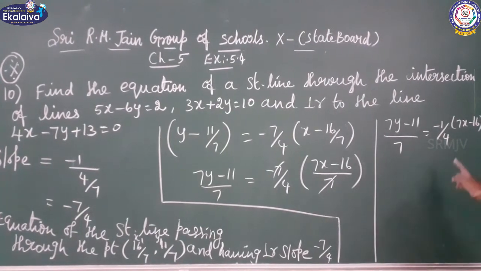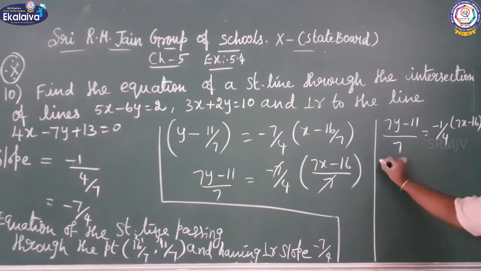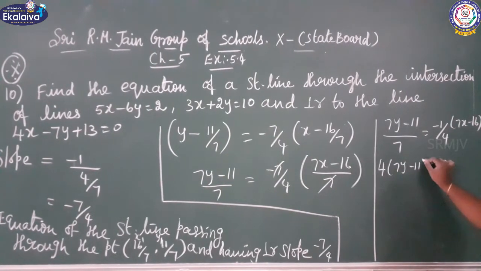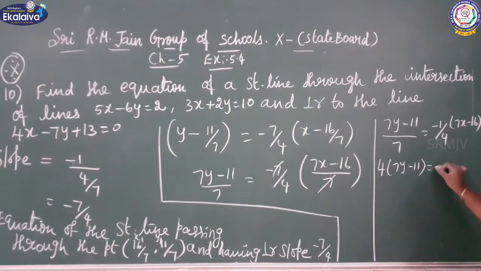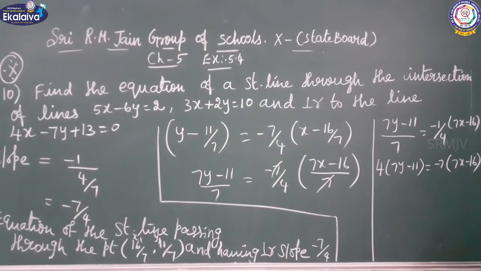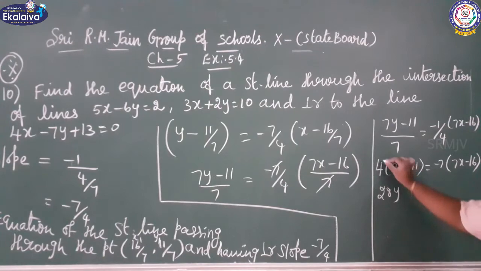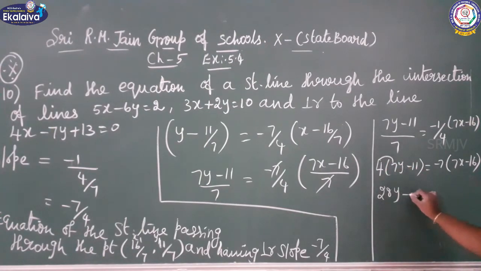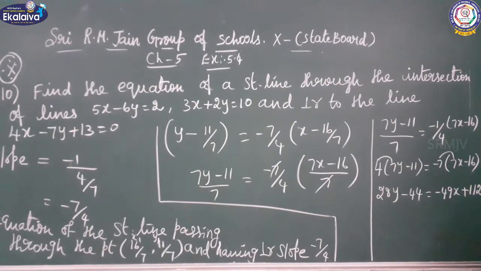Cross multiplication: 4 into 7y minus 11 equal to minus 7 into 7x minus 16. 28y, you bring 4 inside, 28y minus 44 equal to minus 49x plus 112.